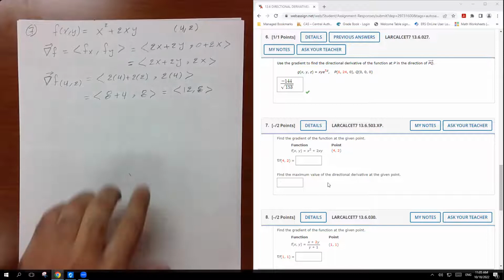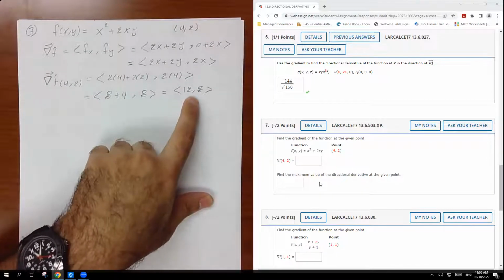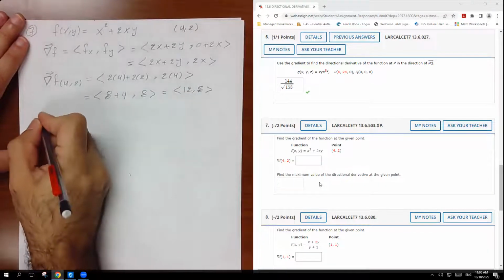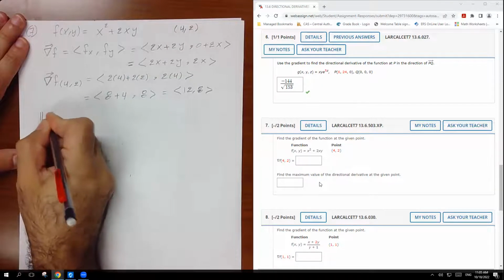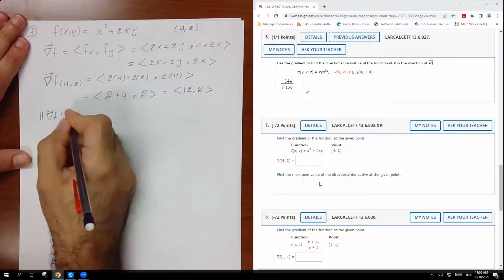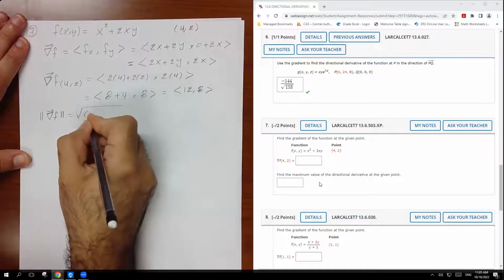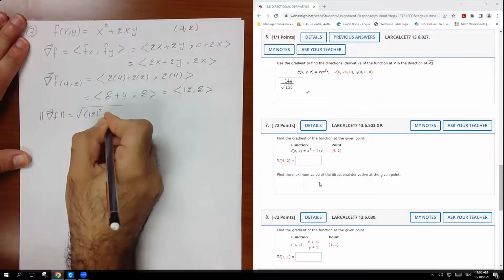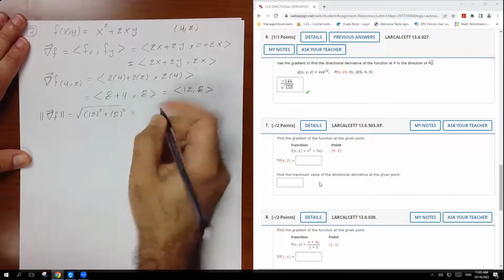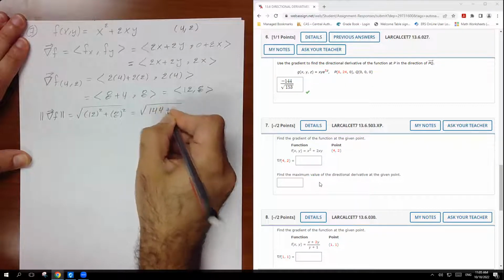If we need to find the maximum value, that means the length of this vector. So let's find the length of the gradient of the function f, which is equal to the square root of 12 squared plus 8 squared, and this one is going to be 144 plus 64.